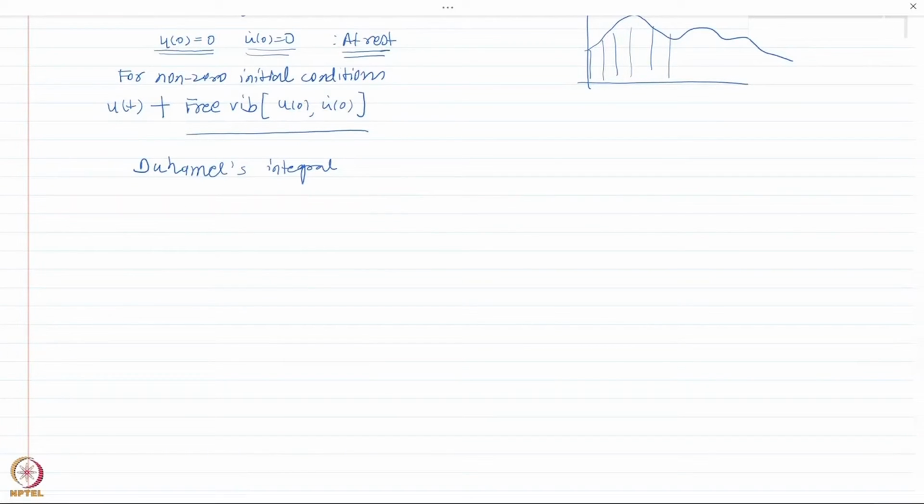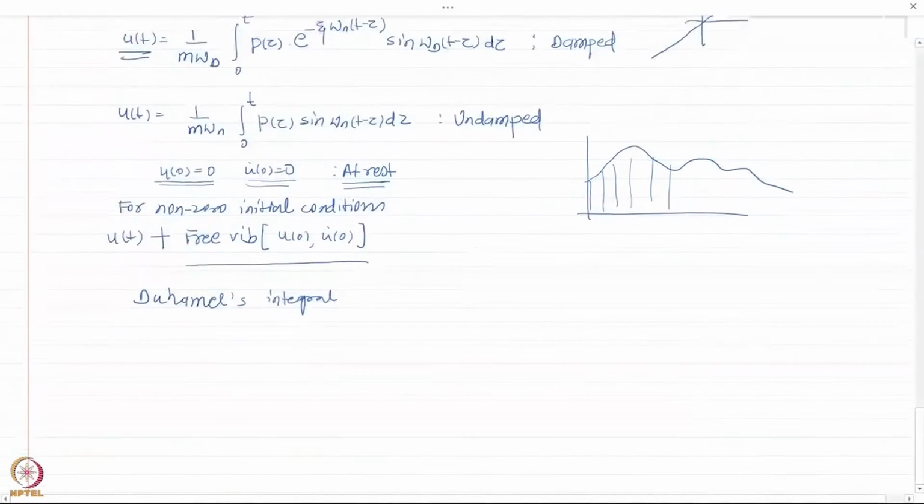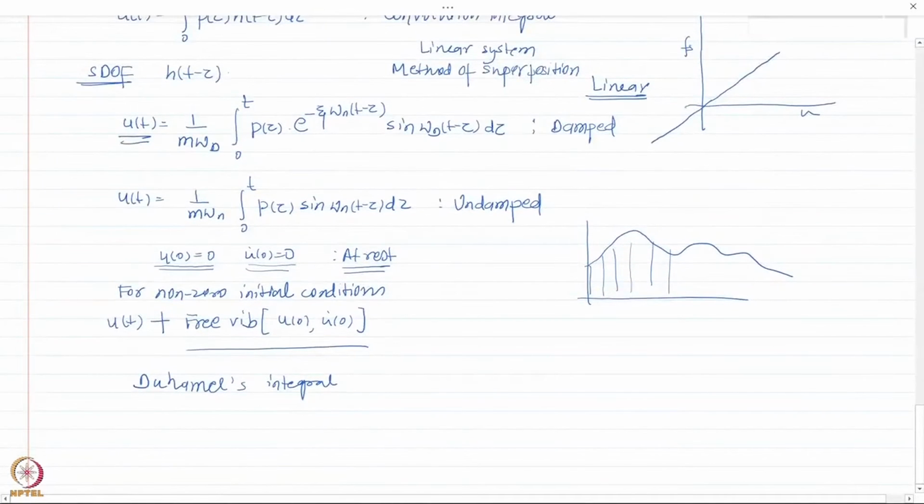Now, as you can imagine, what we are trying to do here is handle any arbitrary excitation which is not periodic or harmonic. We had obtained the analytical expression for u of t for periodic and harmonic loading, but it is not so simple for an arbitrary varying function.